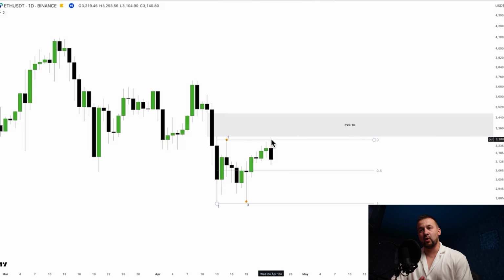Until that moment, such a deviation is perceived as a local manipulation in order to attract even more liquidity to the market. In most cases, this high will subsequently be removed, and here is the real manipulation that we needed.